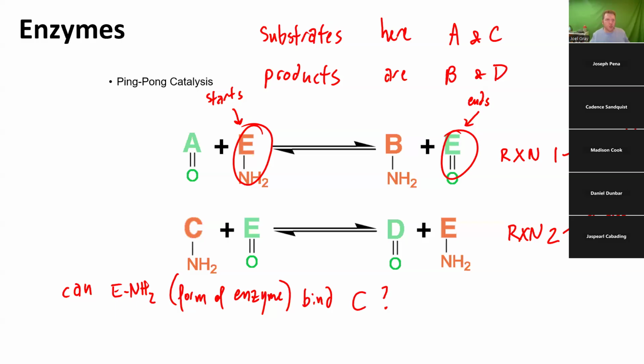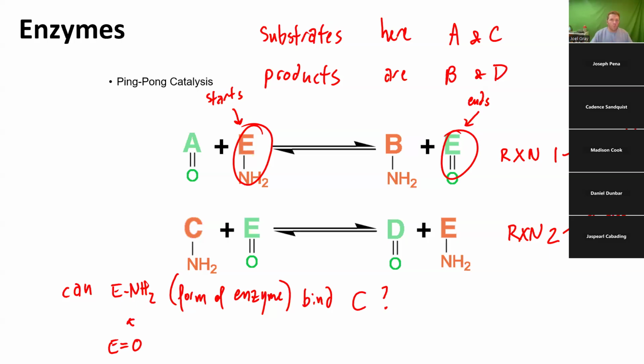Give me a 0 in the chat if it cannot, and an 8 in the chat if it can. Correct, it cannot. So ENH2 and E are not the same.